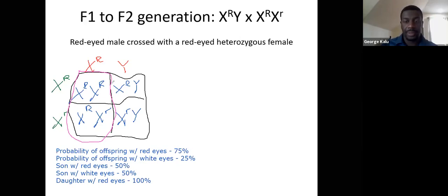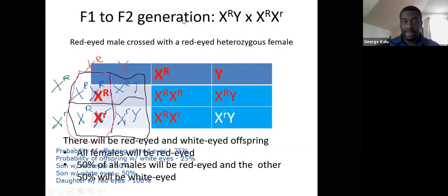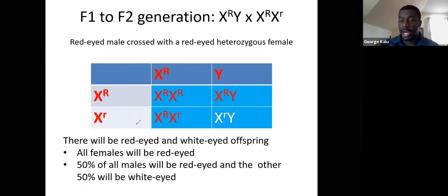Okay. All right. Any other questions here? Okay. So this is what we would see with our Punnett square. And this is essentially what we already came up with here. So we found that we're going to have both red-eyed and white-eyed offspring.